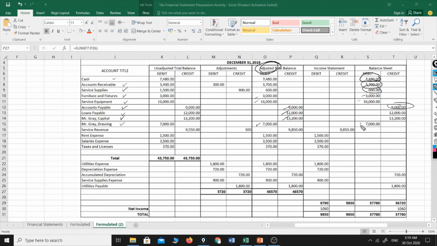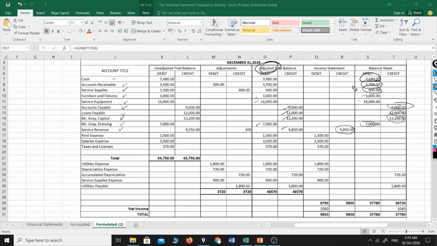Okay, so that's how we extend those amounts. Next is service revenue. It is a revenue account title. So therefore, it should be part of our income statement. So we have here its amount, 9,850. We extend this one to our income statement since it is a revenue account, 9,850.